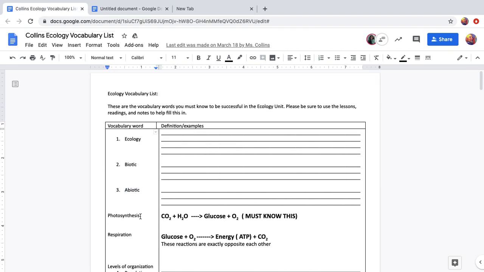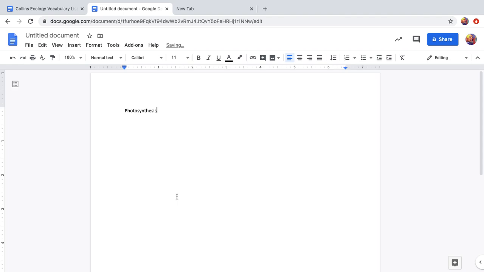The last word that we're going to talk about today is photosynthesis. Now, photosynthesis is a word that we've probably heard many times before. We know that it's how plants make food, but the important thing about the word photosynthesis is photo, right? Because if it was just how plants make food, synthesis would be sufficient.